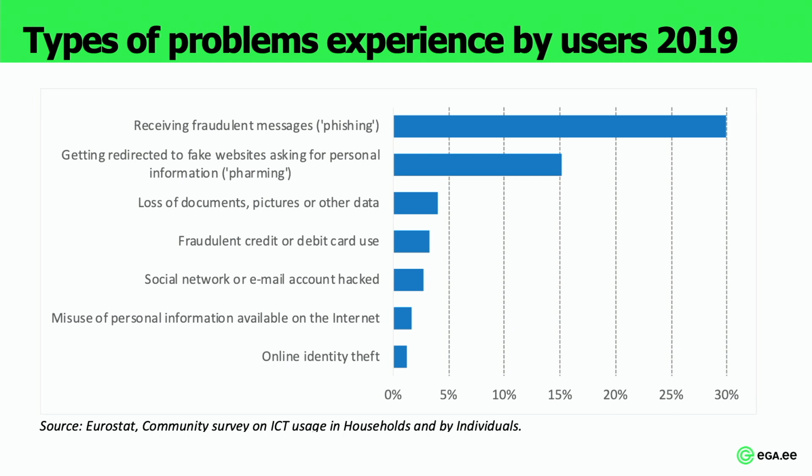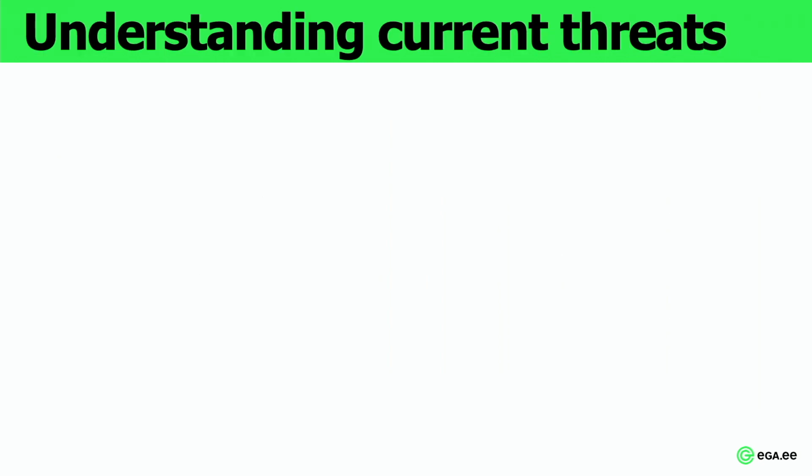The second biggest threat for them has been that they have been redirected to the wrong websites, and then some personal data or other information has been asked. Also, people have experienced the loss of documents, pictures, or other kinds of data. So these are just typical problems, according to Eurostat, that people are facing in the online environment.